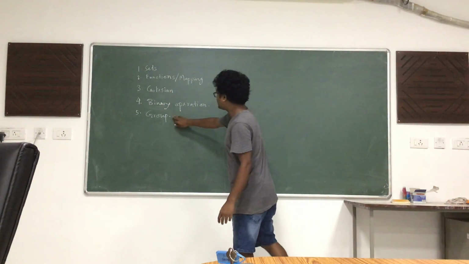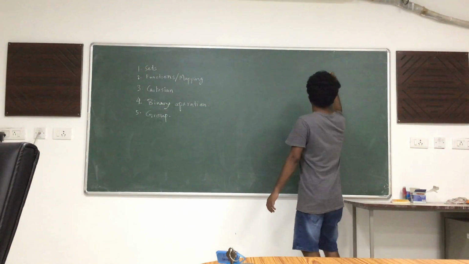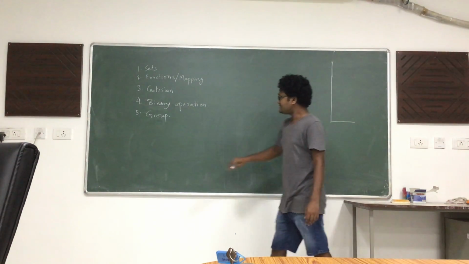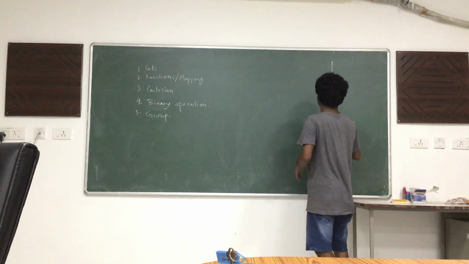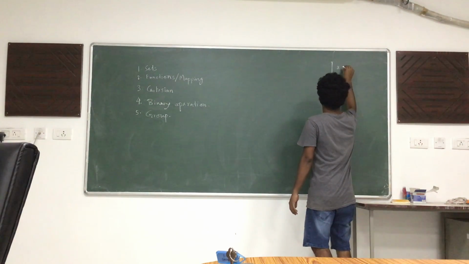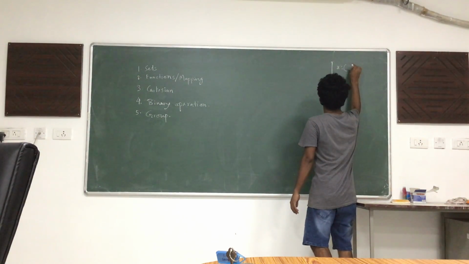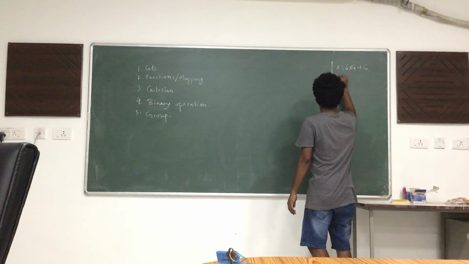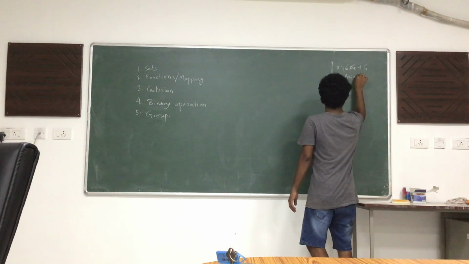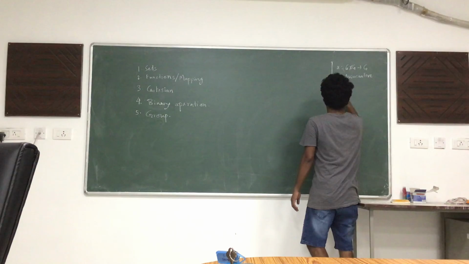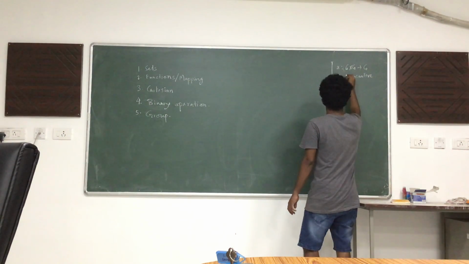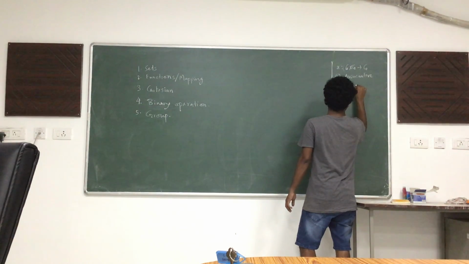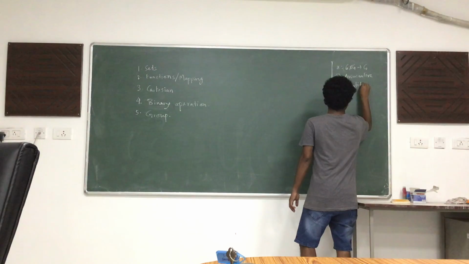Okay, so let's finally write down in a small part of the board the properties of a group. Let's say a set with a binary operation, let's say star from G cross G to G, will be called a group if it is associative. Second, it has the identity element, existence of identity element.